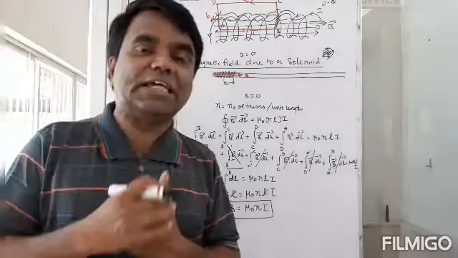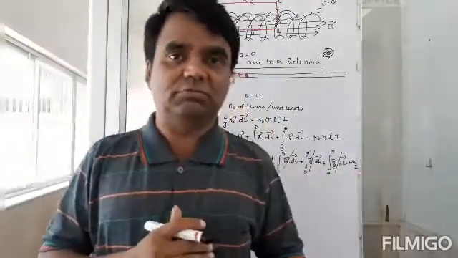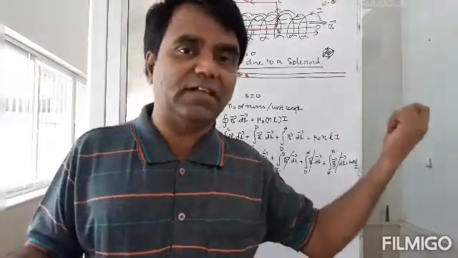So the takeaway is this: you have a solenoid. A solenoid is a spring-like structure where current enters at one end and then leaves at the other.